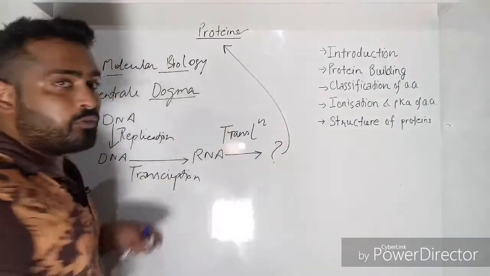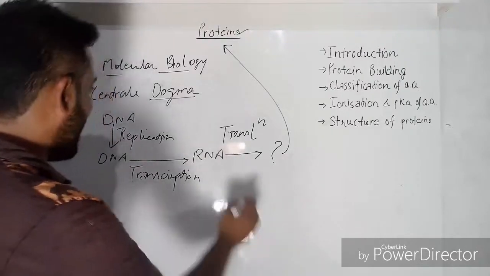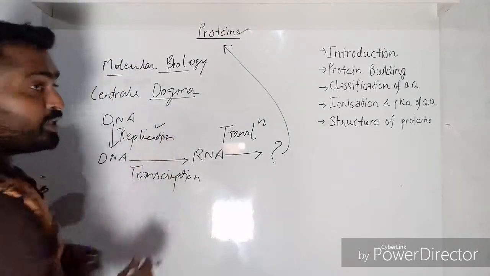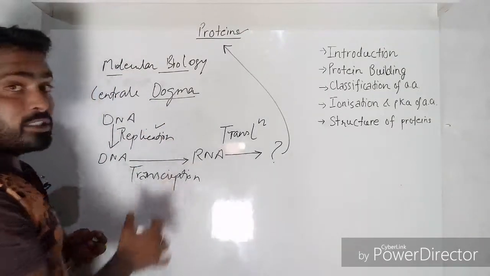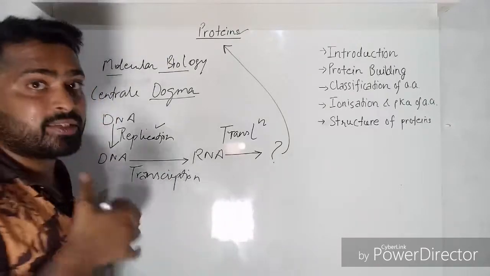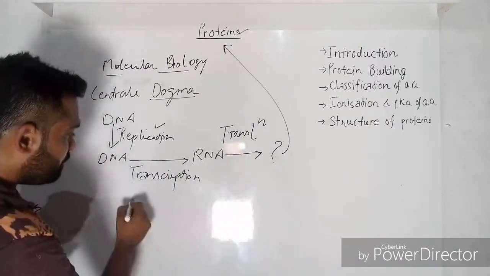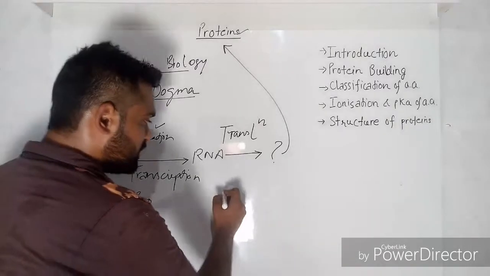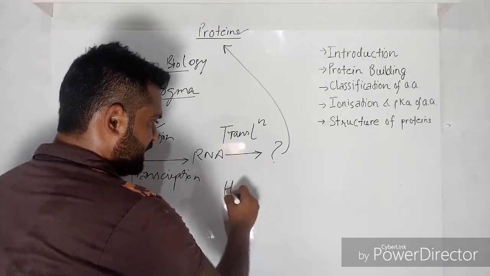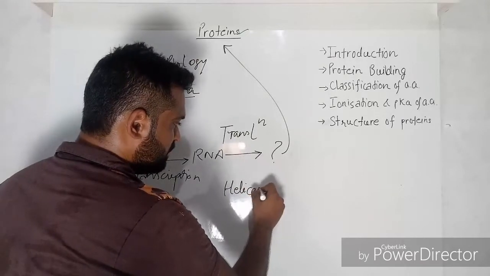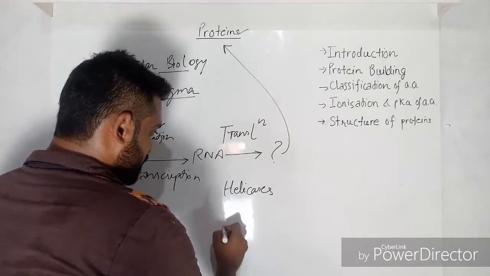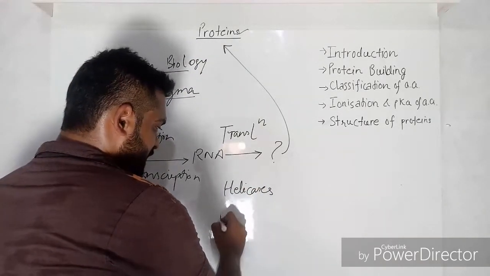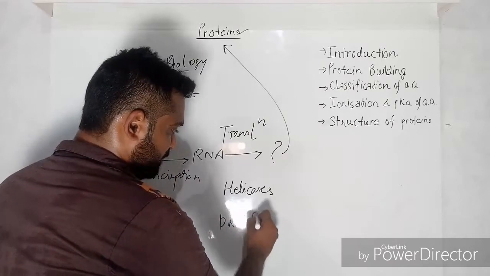So the proteins are formed at the end, and if we talk about this replication, where one copy of DNA is formed from the previous or existing copy, the process is carried out by certain molecules which are known as helicases, and the replicating enzymes, the DNA polymerase.